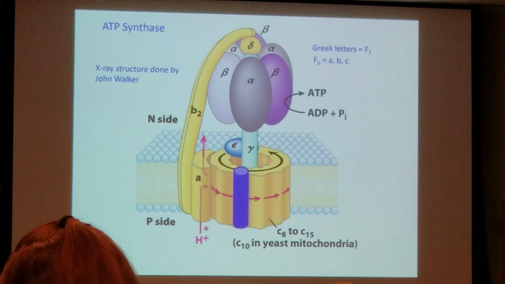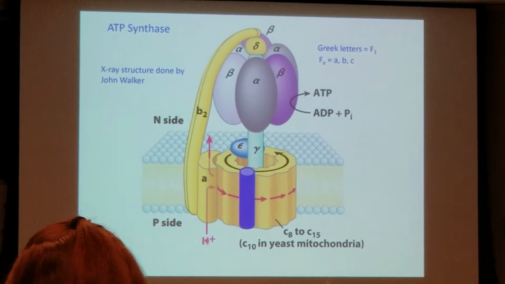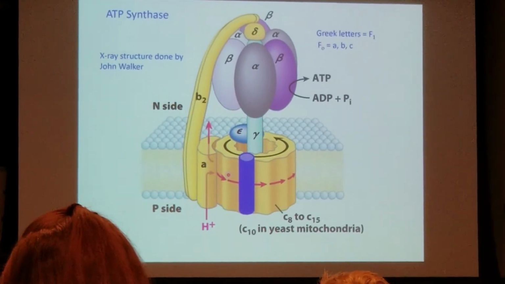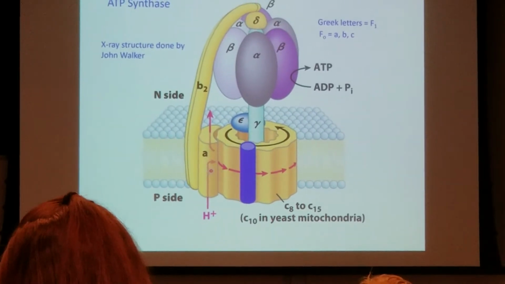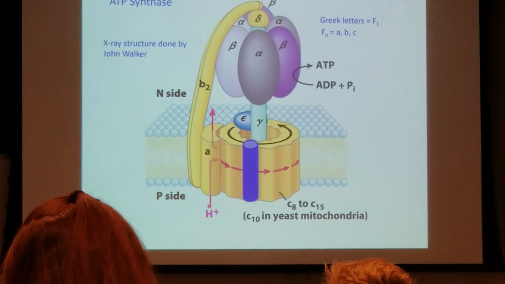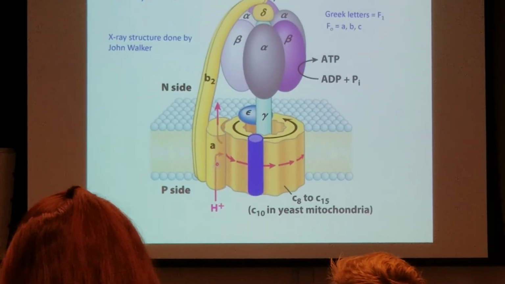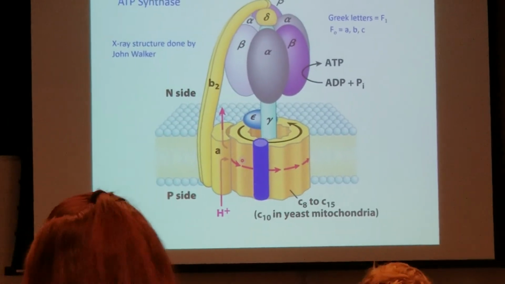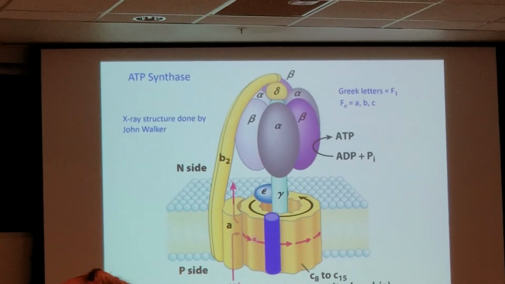Okay, now we see where the protons are coming in. The protons are coming in between the A and the C subunits. So the A subunit has a channel in it that goes halfway. So I'm a proton here. The proton is hopping through this channel and then jumps onto the C subunit. So let's say this guy right here, the C subunit, has a proton.